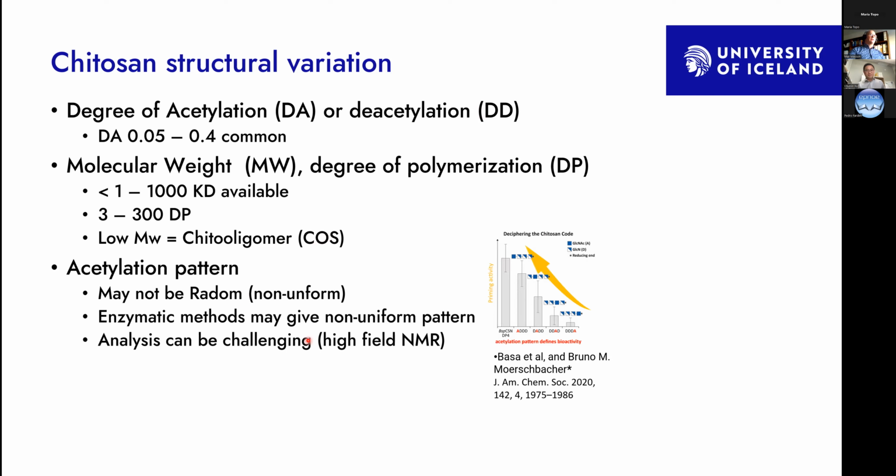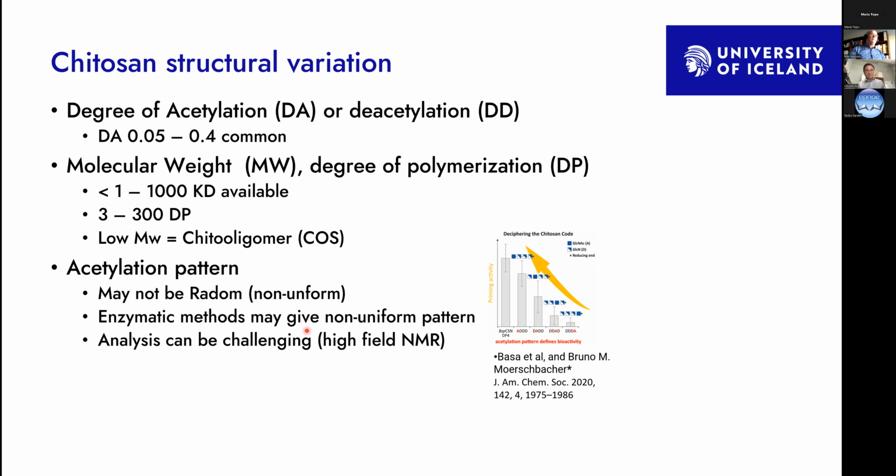name that is used. The acetylation pattern: you have the degree of acetylation, but then you also have the acetylation pattern. Is it just random, the acetylation, or do you have some areas in the polymers which are acetylated and other large strings that are non-acetylated?